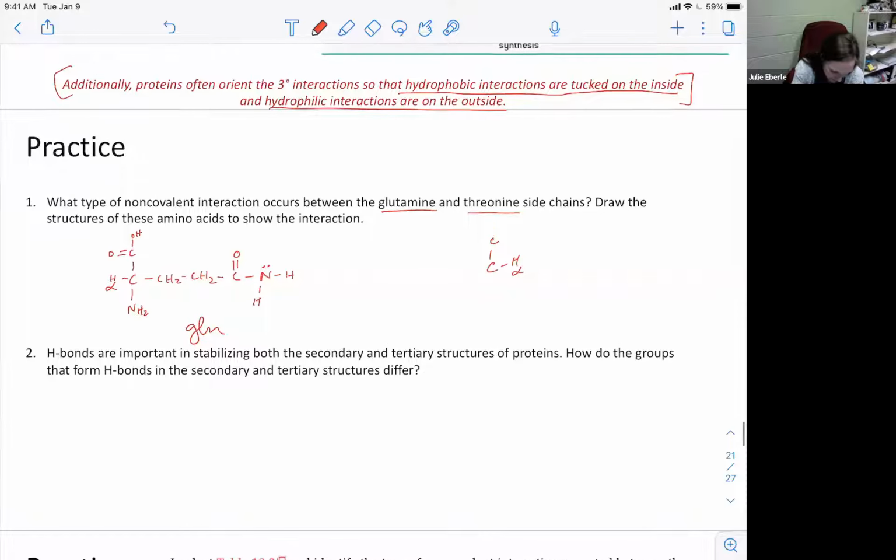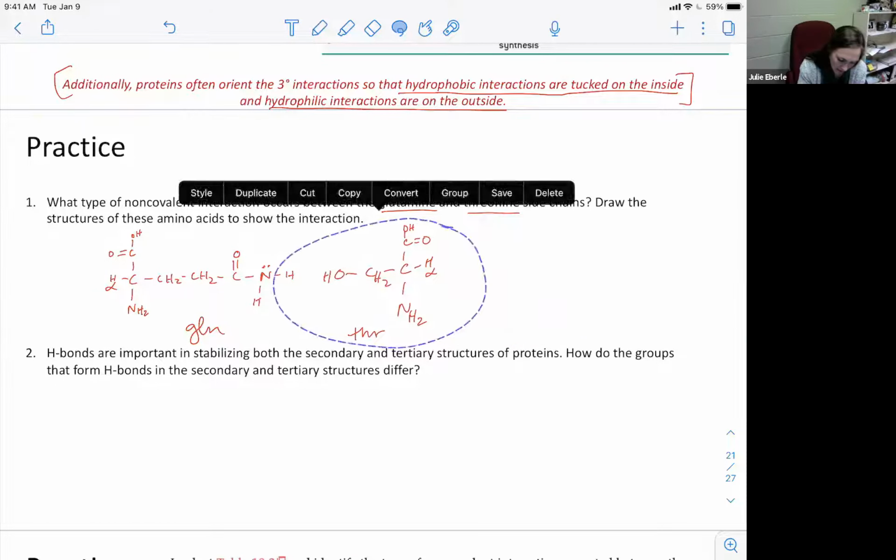I'll orient it that way. And so this is the backbone of threonine. And then we've got CH2, and then we got OH. So I'm going to scoot threonine over so that it's kind of close. So THR is threonine. Okay, threonine and glutamine.